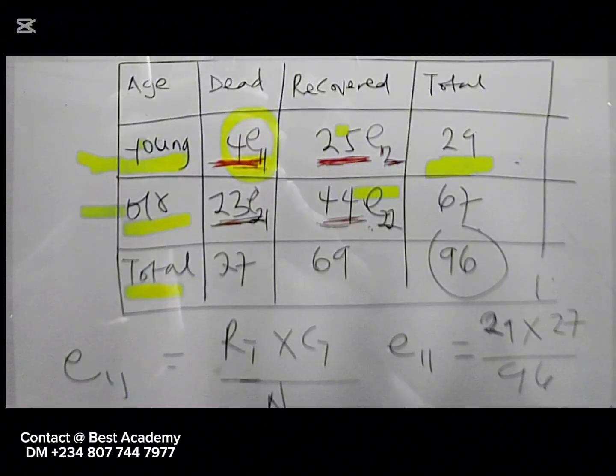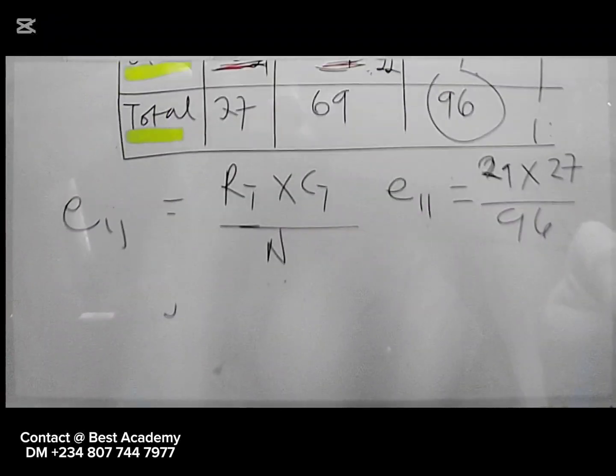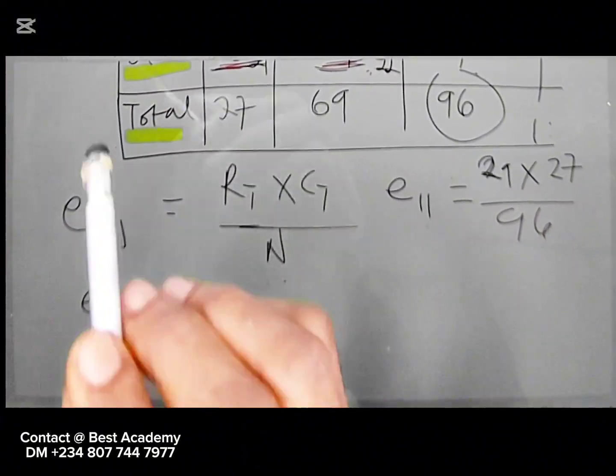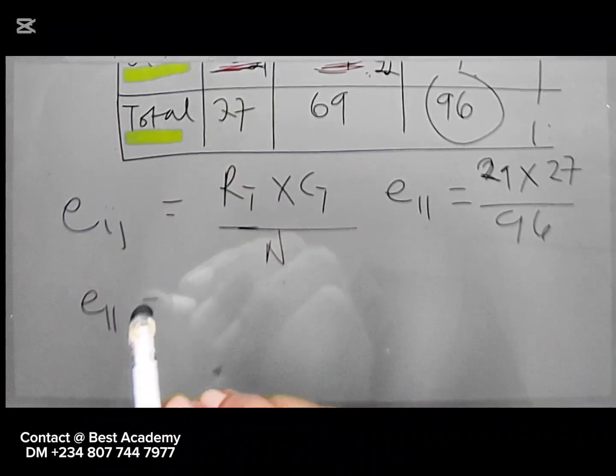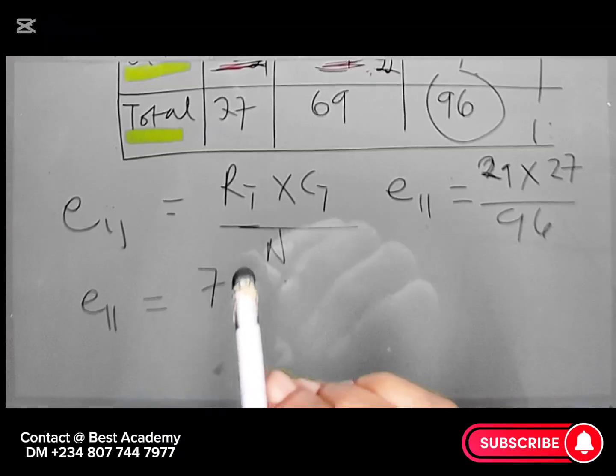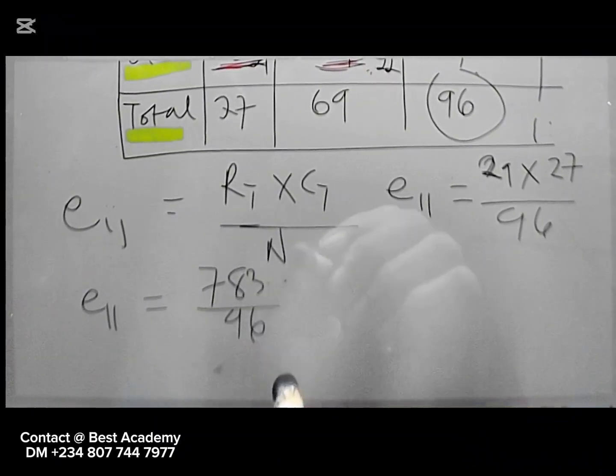That is 29 times 27. So our E of 1 1 is 29 times 27, which gives 783, divided by 96.